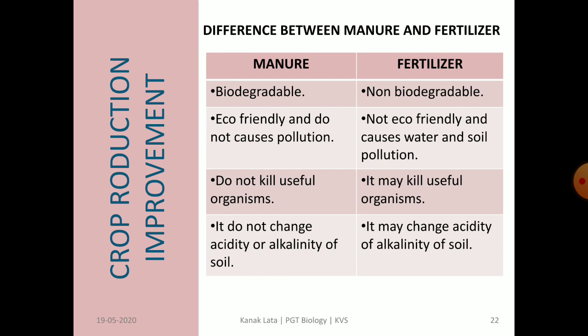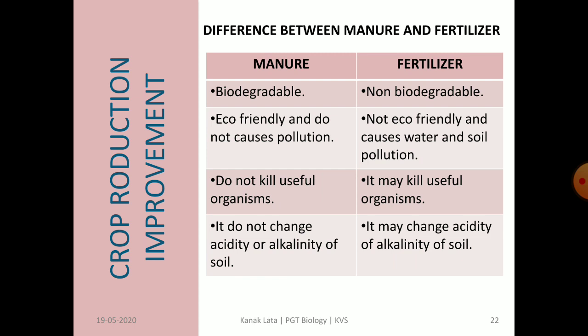Manure is biodegradable, whereas fertilizer is non-biodegradable. It is very important. Manure can be decomposed and fertilizer cannot be decomposed. Manure is eco-friendly and does not cause pollution, whereas fertilizer is not eco-friendly and it causes water and soil pollution. Manure does not kill useful organisms.